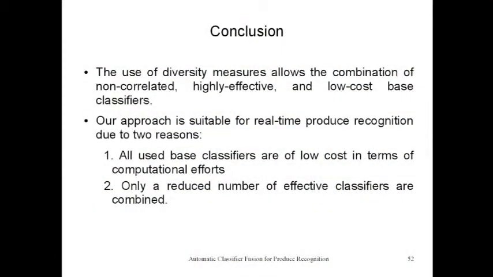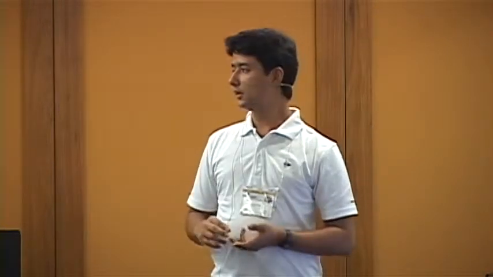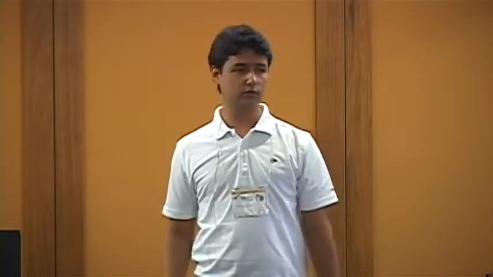Using the diversity measure allows the combination of non-correlated, highly effective and low cost basic classifiers. And our approach is suitable for real-time produce recognition for 2 reasons. All basic classifiers are low cost in terms of computational effort, and only a reduced number of effective classifiers are combined.